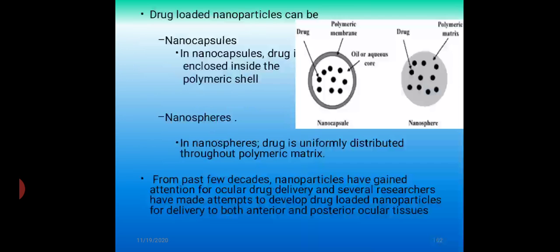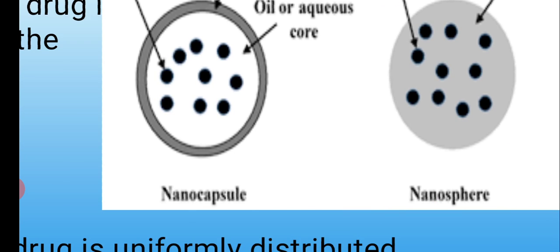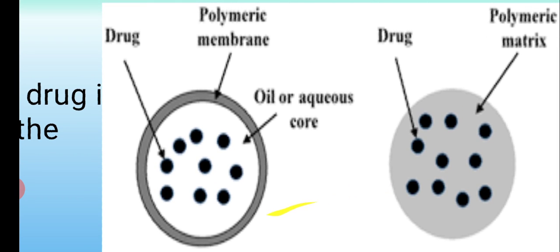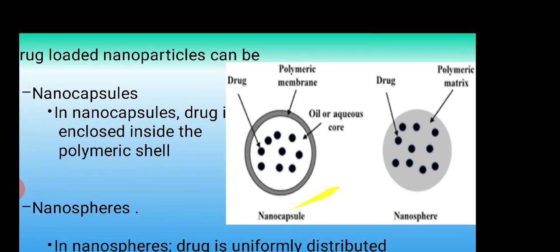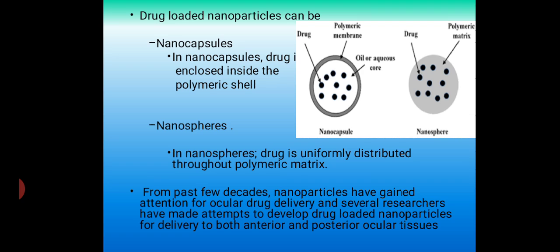The same concept applies for nanocapsules and nanospheres. In the case of nanocapsules, the drug is enclosed inside the polymeric shell, so there is an outside shell and inside it the drug molecules are incorporated, whereas in the case of nanospheres it is developed with a polymeric matrix, and the drug molecules are incorporated inside this polymeric matrix. So that is the nanosphere.